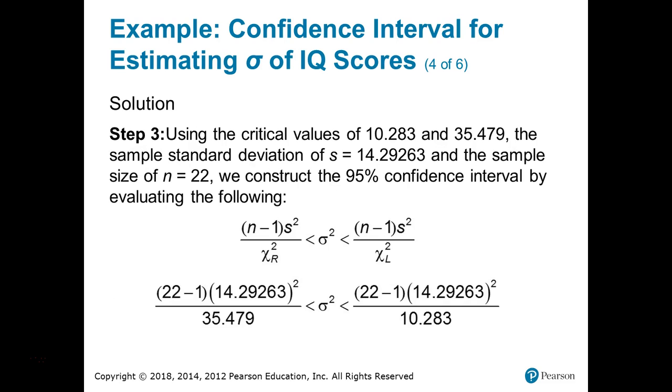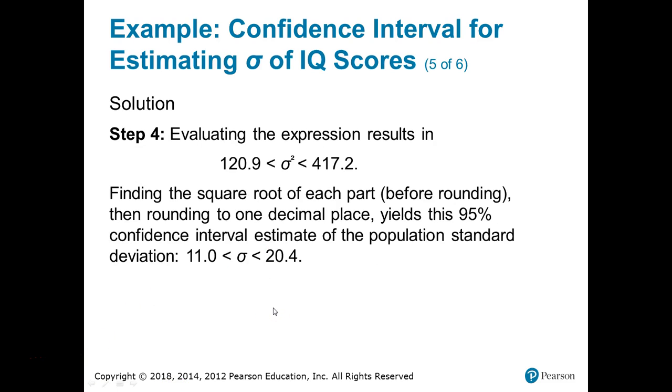Next, we can use these critical values, the sample standard deviation, and the sample size of n equals 22 in the formula to determine the confidence interval. So we have our formula here, plug in your values, plug and chug, and then you're off. Once you have this value, we don't want the variance. This is the confidence interval for the variance.